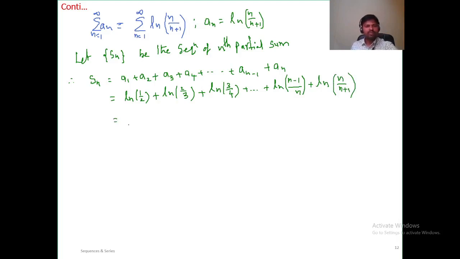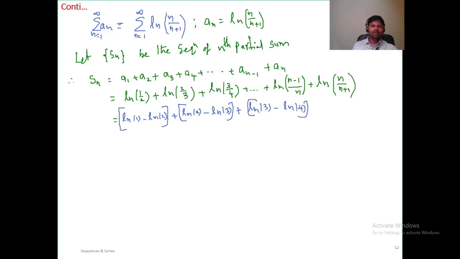So ln 1 by 2 I can write as ln 1 minus ln 2, since ln a by b is ln a minus ln b, right? Next, ln 2 minus ln 3. Next ln 3 by 4, that means ln 3 minus ln 4.